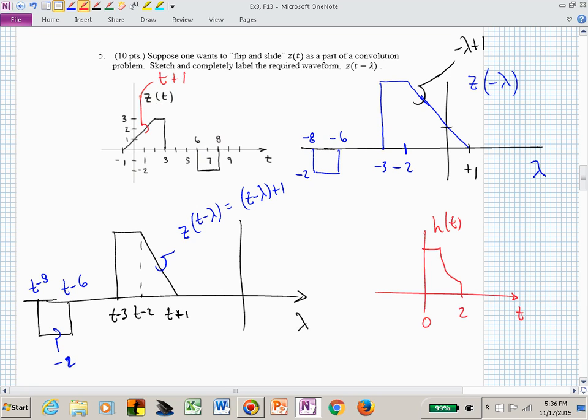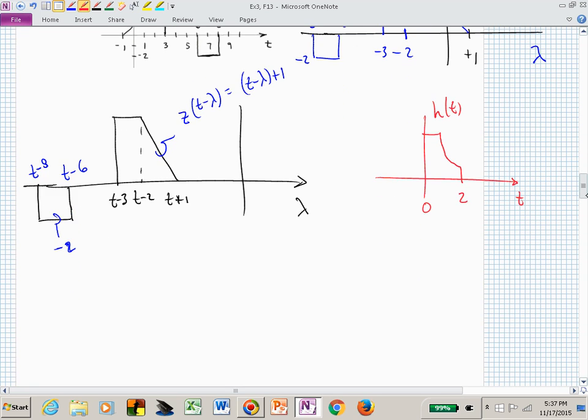And now I ask the question, for what interval of time is the output with this input for z and the response given by h, what values or ranges on t will y be 0? So now I want to know, when will the output be 0 for what values or ranges on t?